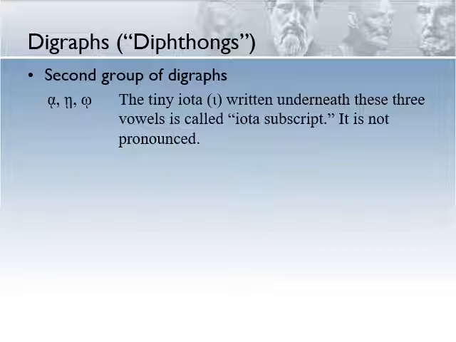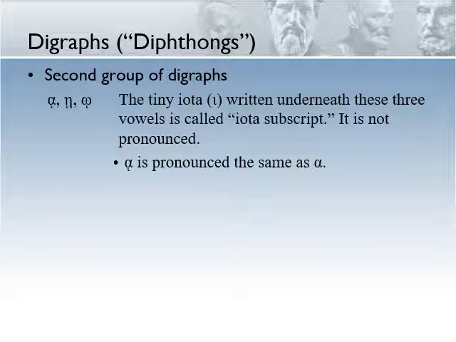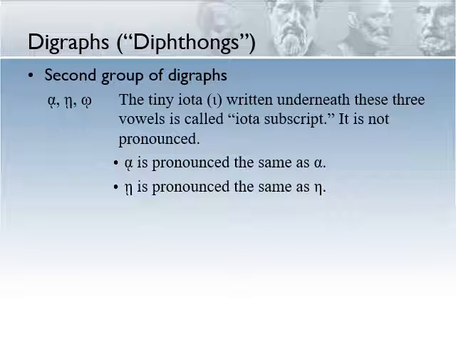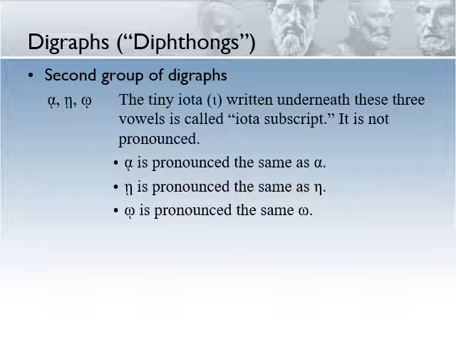The tiny iota written underneath these vowels is called iota subscript, and it is not pronounced. So the alpha with iota subscript is pronounced exactly the same as alpha without the subscript. Eta with the subscript is pronounced exactly the same as an eta without the subscript, E. And omega with the subscript is pronounced exactly the same as omega without the subscript, O.